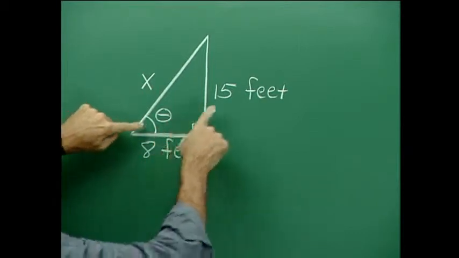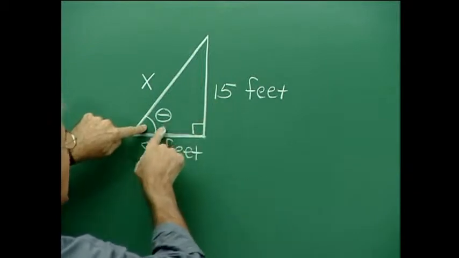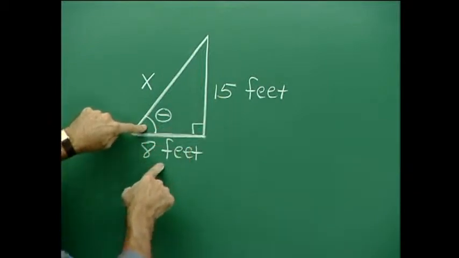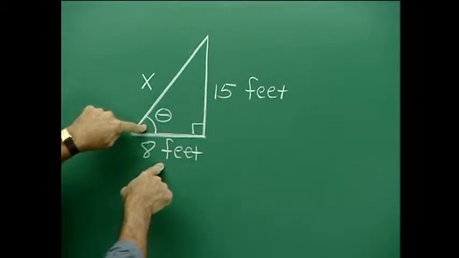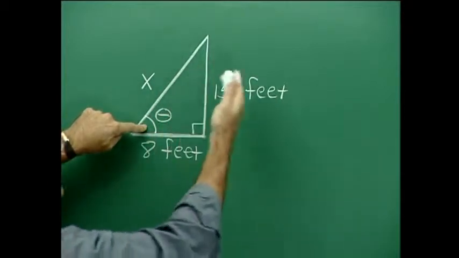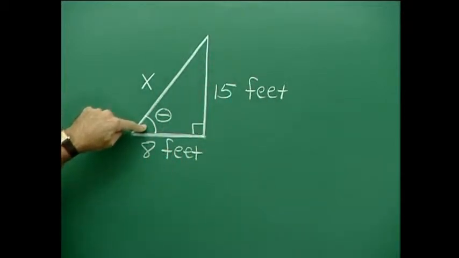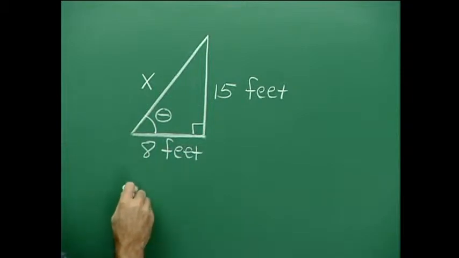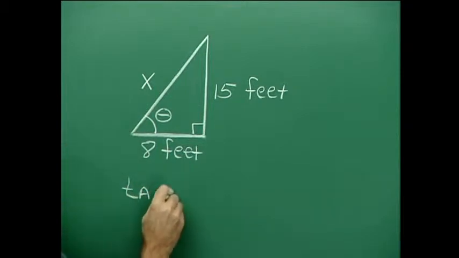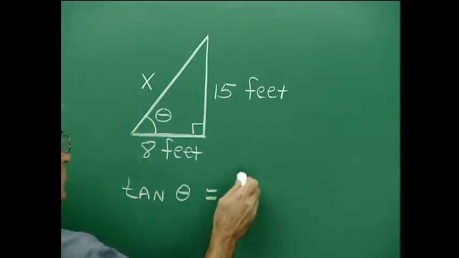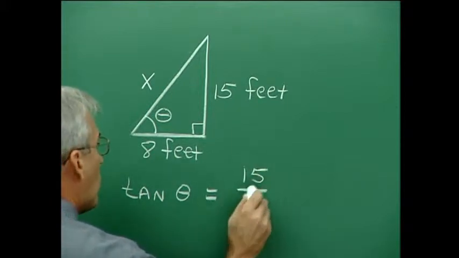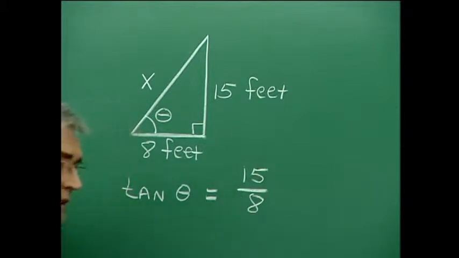Now I have information about the side opposite that angle and the side adjacent to that angle. And so I want a ratio that involves the opposite side and the adjacent side. That would be tangent. So the tangent then of theta is equal to the opposite side over the adjacent side, 15/8.